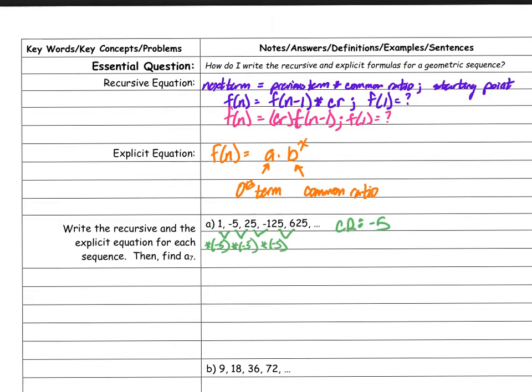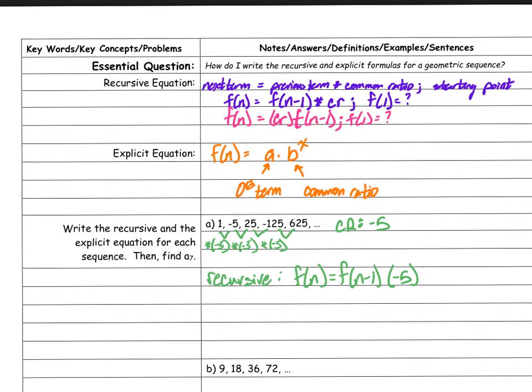So my explicit equation, oh, not explicit. We're not starting with explicit. Sorry. We're starting with recursive. So to get my next term, I take my previous term and I multiply it by -5.